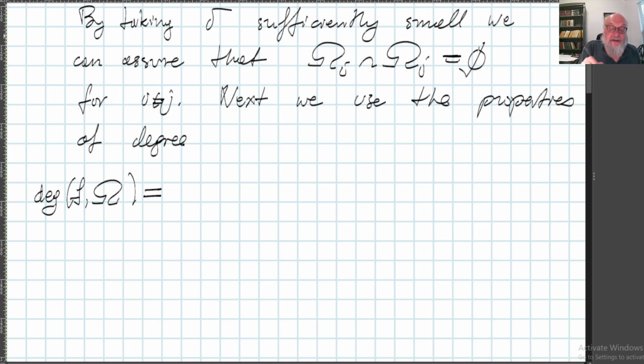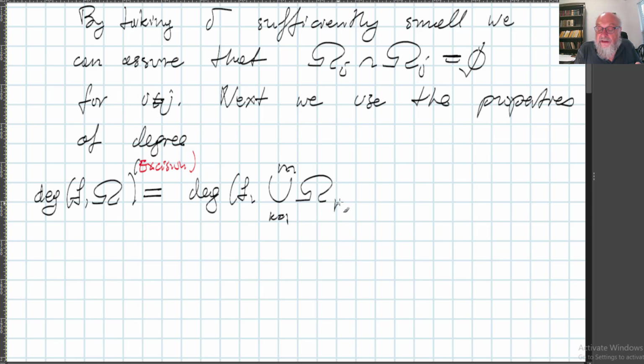So this is P1. So this one is equal, no, maybe like this. I think it was by excision. So let's call it excision. Okay, to be more precise, this will be the degree of f, and this will be union k is equal to 1 to m, and this is omega k.